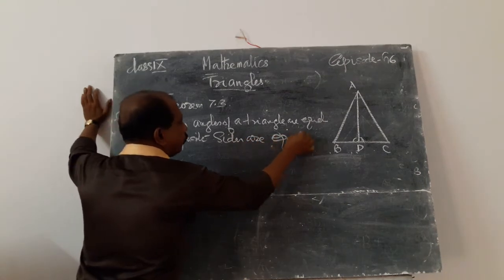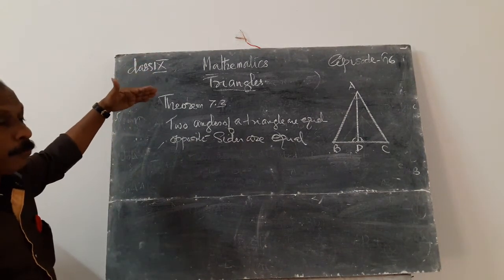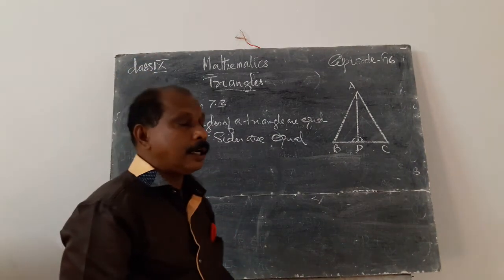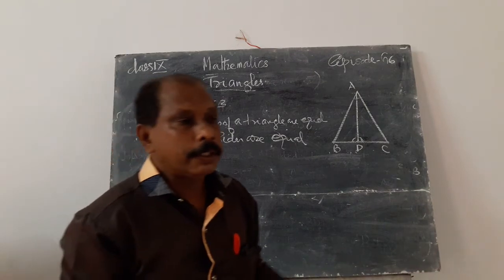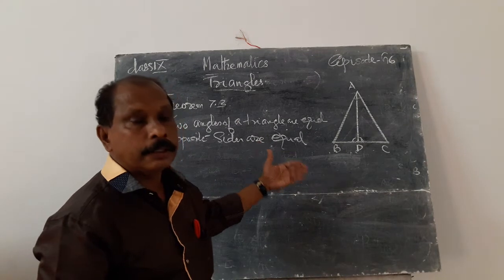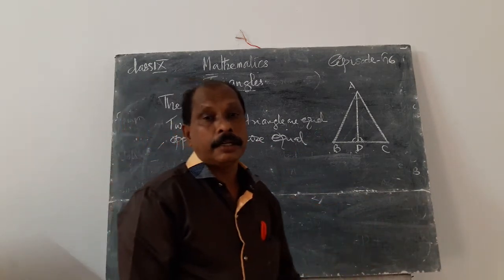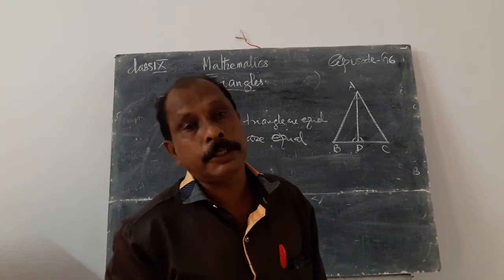That is the converse of 7.2. That means in 7.2, AB and AC are equal, it is given, and we can prove that angle B is equal to angle C. In 7.3, angle B is equal to angle C is given, and we can prove that AB is equal to AC.